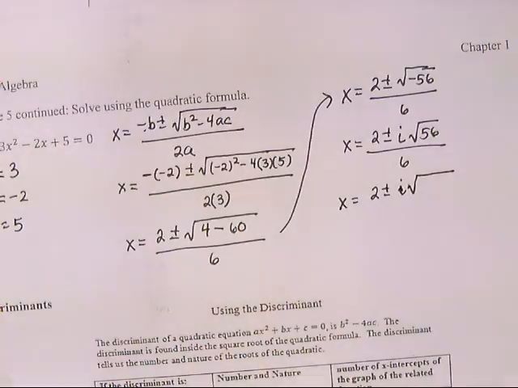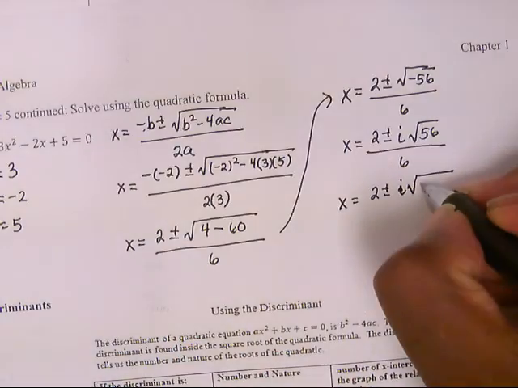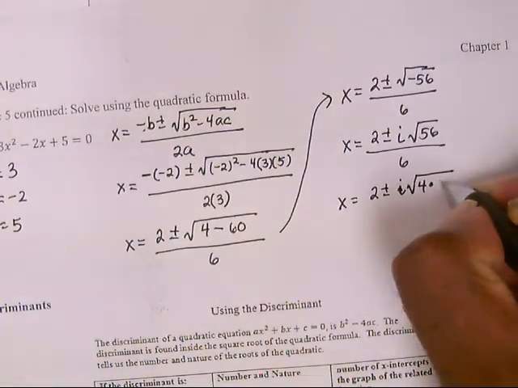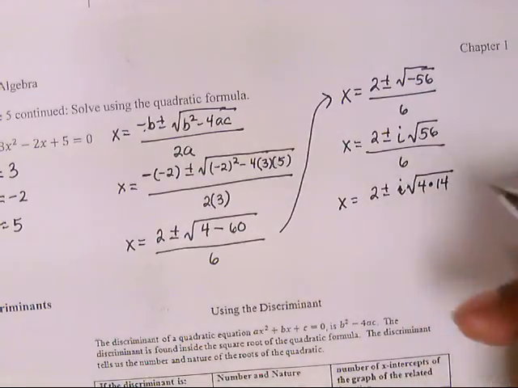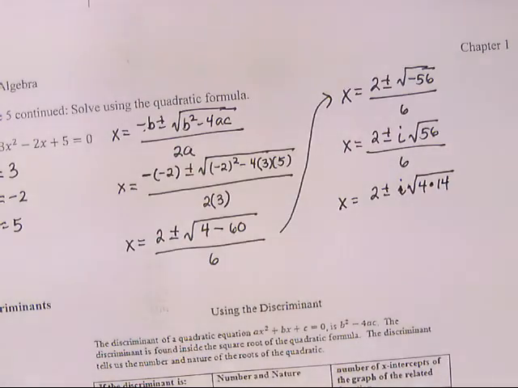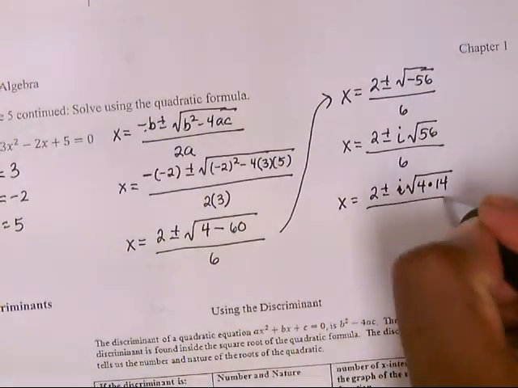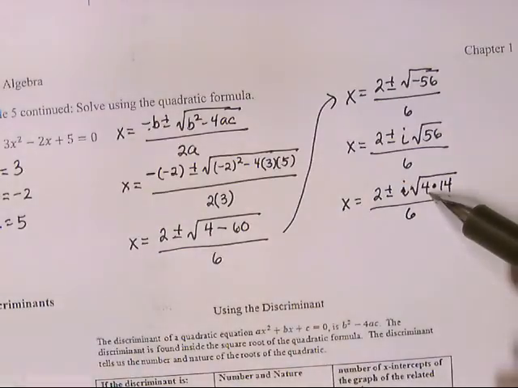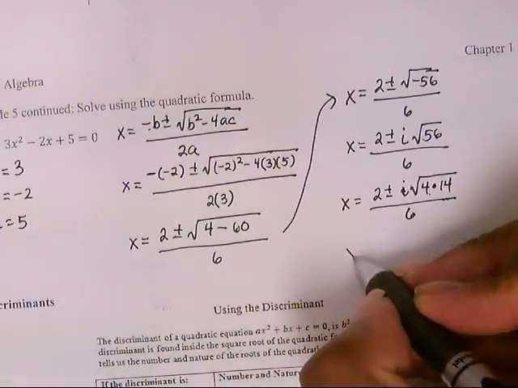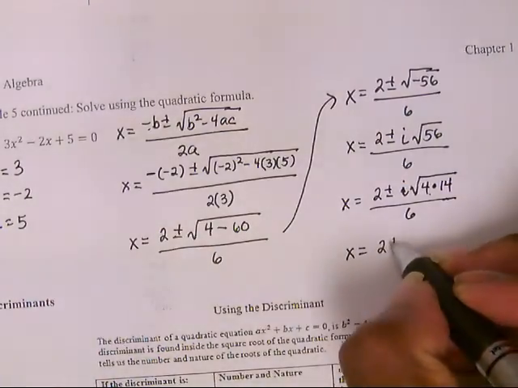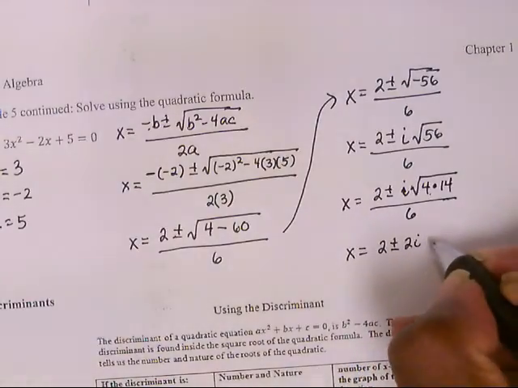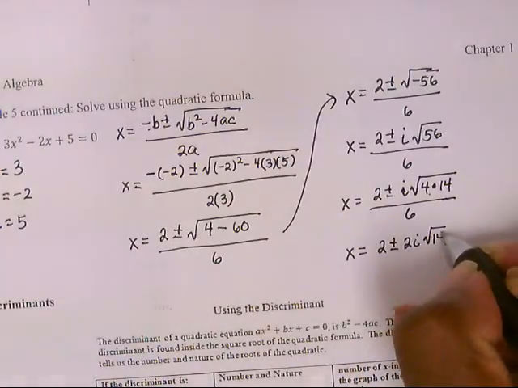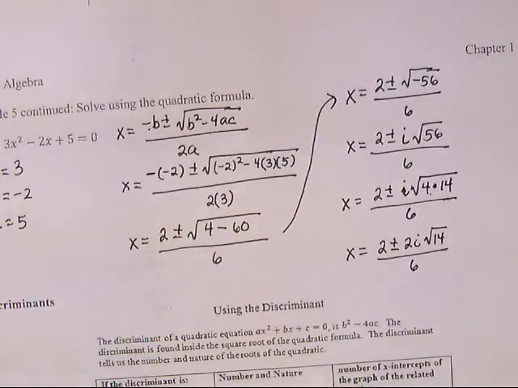So the largest perfect square that can go into 56 will have to be 4, and I know 4 goes into 56 14 times. And then again, that'll be over 6. Square root of 4 is going to be 2. So I got x is equal to 2 plus or minus 2i square root of 14 over 6.